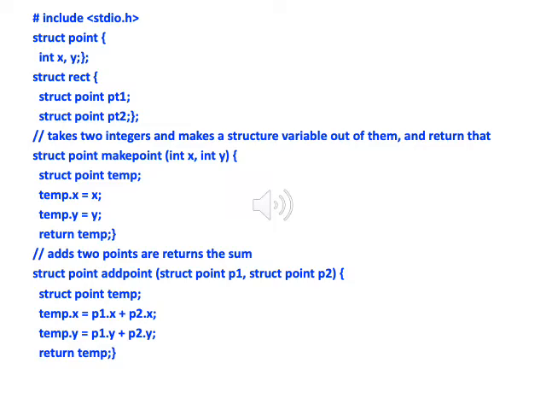So we write temp.y is equal to p1.y plus p2.y. Now our temp is loaded with both the x and y components, and we are ready to return it. So so far we have two different functions. One will take two integers and make a point out of them, which it returns. The second function will take two points, add them, and then return the sum.